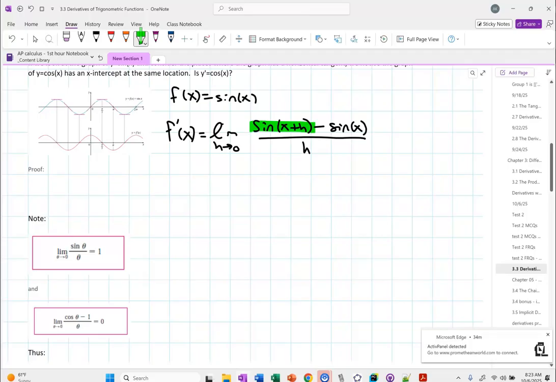So sine of x plus h is sine x times cosine h plus cosine x times sine h.